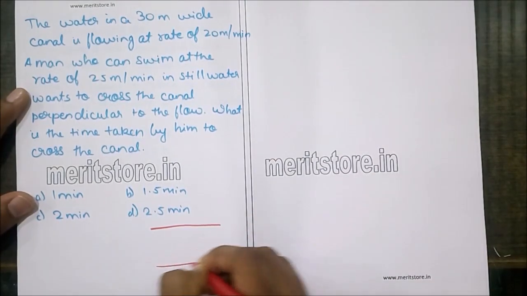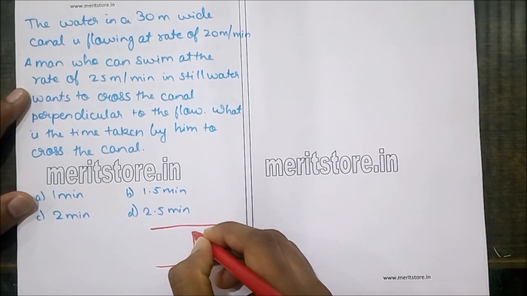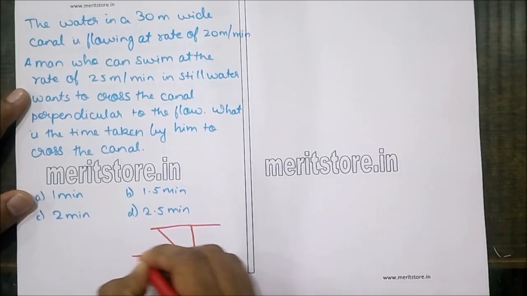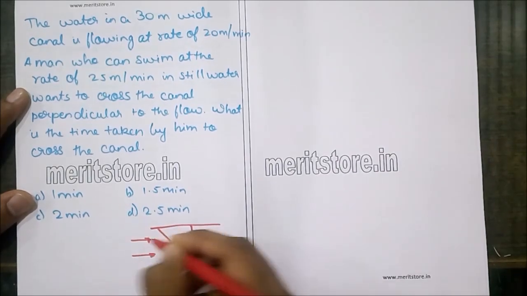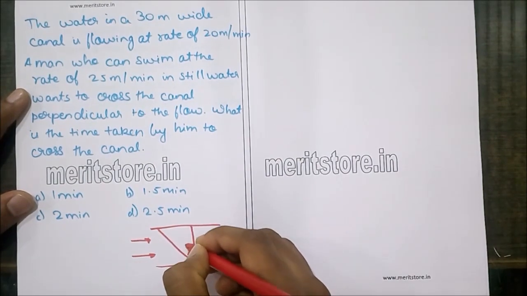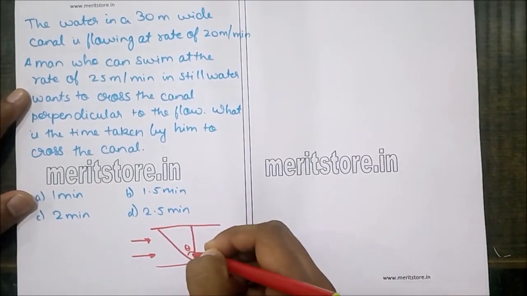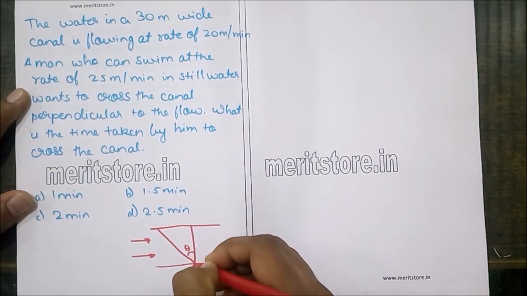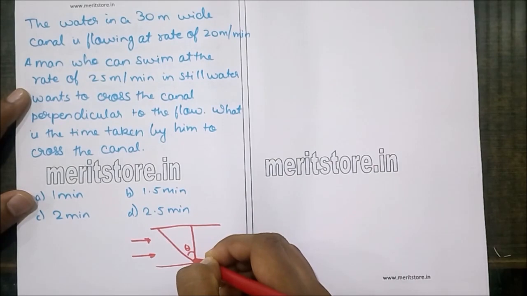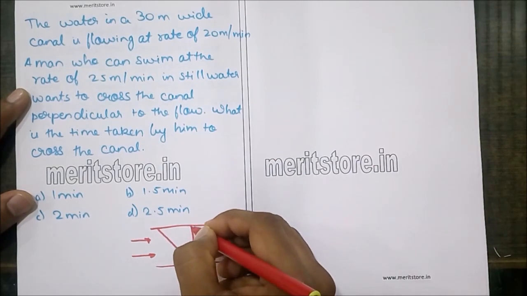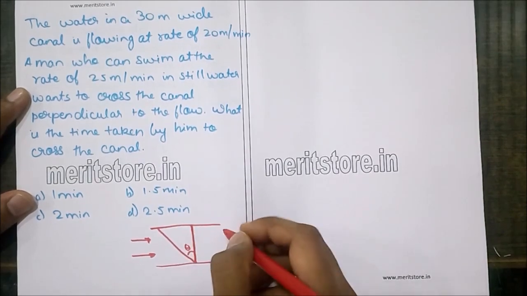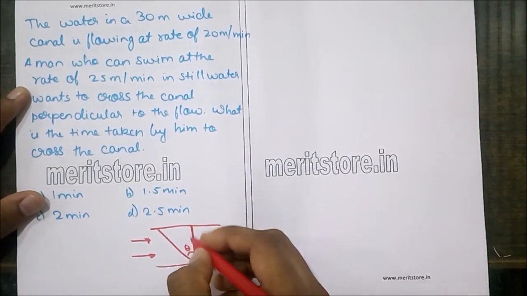In order to cross the canal in a perpendicular direction, the man would have to let the water be flowing in this direction. So the man would have to go in a kind of reverse, opposite to the flow of the stream, so that his velocity and the stream's velocity can compensate each other, and he would cross the canal in a perpendicular direction.